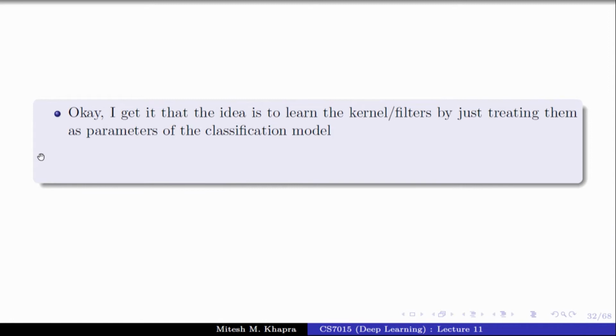So I get this idea that you take the original input, and you want to learn some kernels or filters by just treating them as parameters of the model, and you learn these parameters along with the parameters of the classification model. But this is exactly what I was doing in a feed-forward neural network, right? The feed-forward network would have been the flattened Taj Mahal image with 900 pixels, compute one hidden representation of size 100, another hidden representation of size 100, and then feed it to an output layer of size 4.